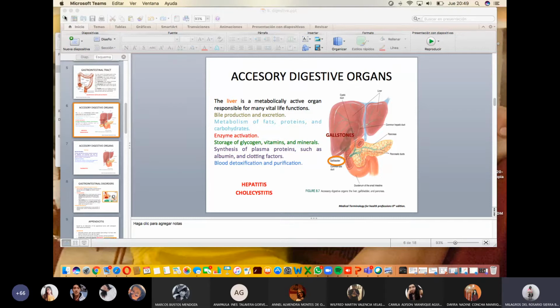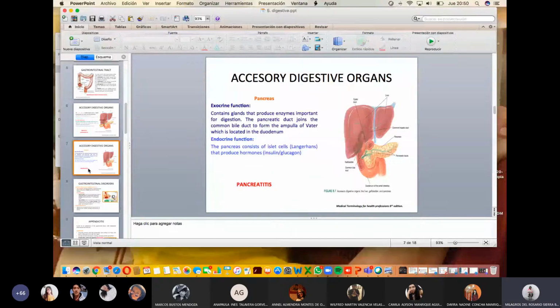For example, some medications that you use for fungal infections can cause severe hepatitis. Then fatty liver disease, that is common, for example, in patients that have metabolic syndrome, that are obese. They also can have a type of hepatitis.